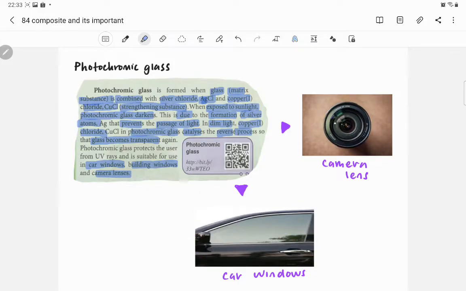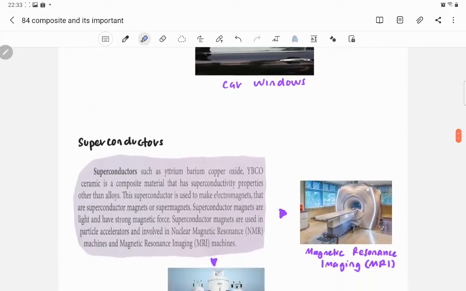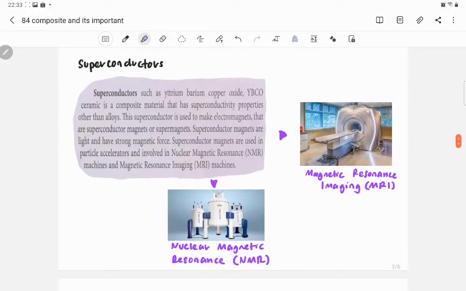Alright. So we proceed with the next composite material, which is superconductor. So what is a superconductor? How is a superconductor made up? A superconductor such as yttrium barium copper oxide, YbCO, ceramic, is a composite material that has superconductivity properties other than alloy.